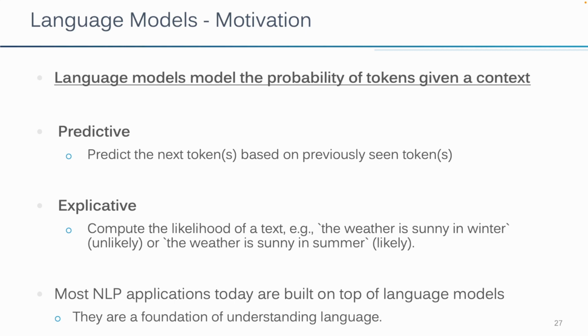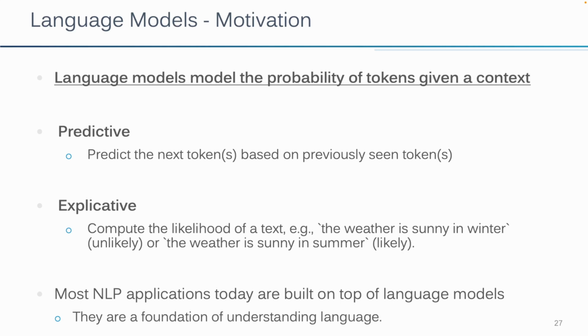And they're explicative, which means they compute a likelihood or probability of a sequence. So given that I tell you the weather is sunny in winter, the language model would assign a lower probability than if you say the weather is sunny in summer, right? Because it's more likely that these words occur together.